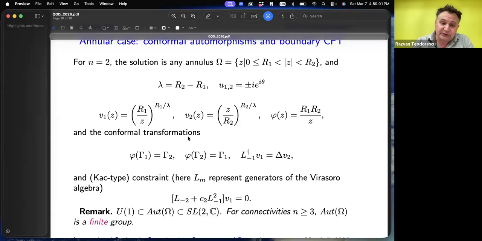This second transformation maps each boundary component into the other with the corresponding orientation, and each of the two solutions, V1 into the other, likewise.